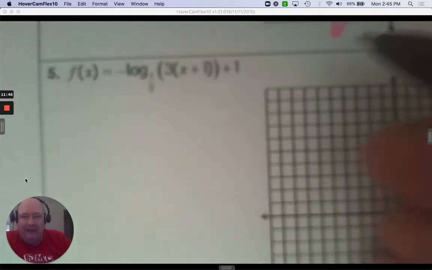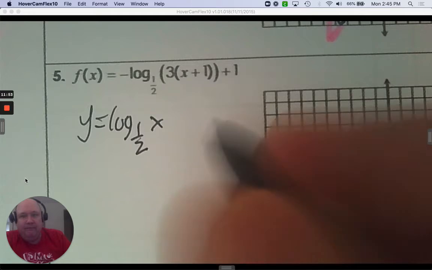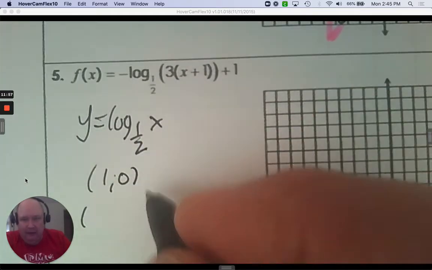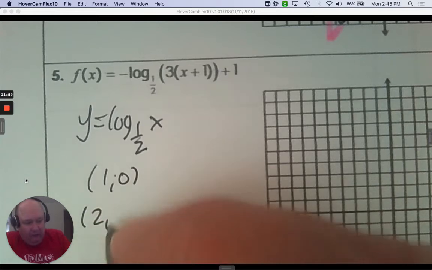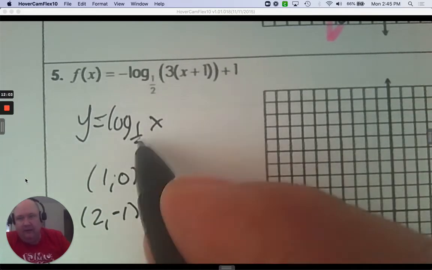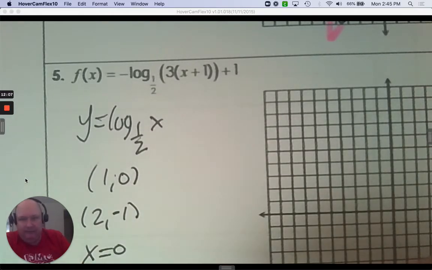On to number 5. For number 5, identify the parent. So for this one, the parent is log base 1/2 of x. One point on this is (1, 0). And the other point would actually be (2, -1), because the exponent -1 does the reciprocal of that base, and then x equals 0.